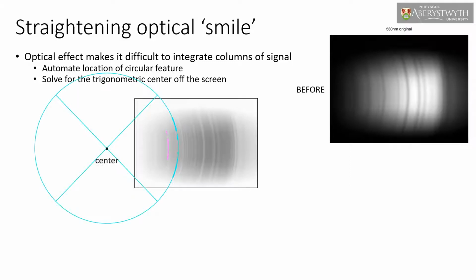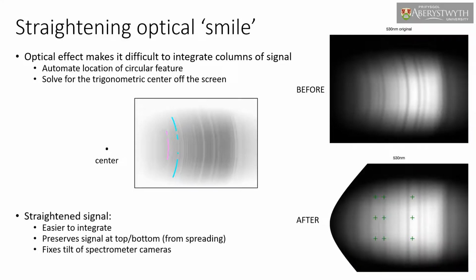Then I had my code solve for the circle center, which is way off of the image onto the left. Next, the code straightened out the image on the vertical emission line we were aiming for, and this made integrating far easier to code and also preserved signal at the top and the bottom of each image. It also fixed a small amount of tilt due to tiny misalignments inside the spectrometer.